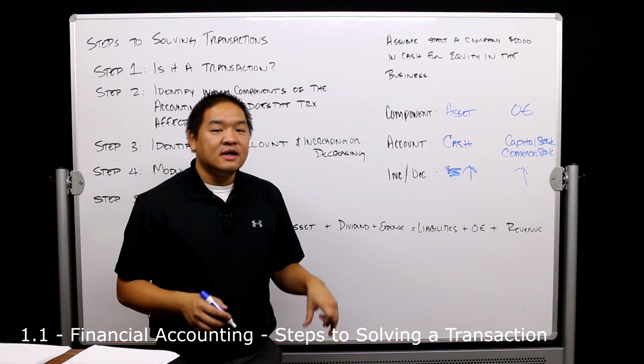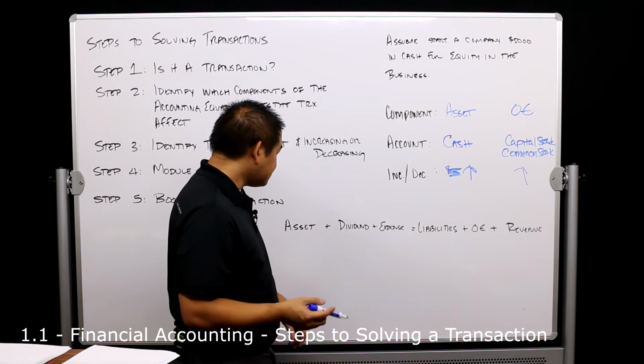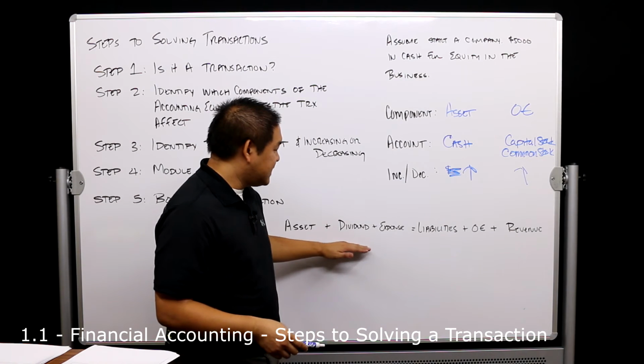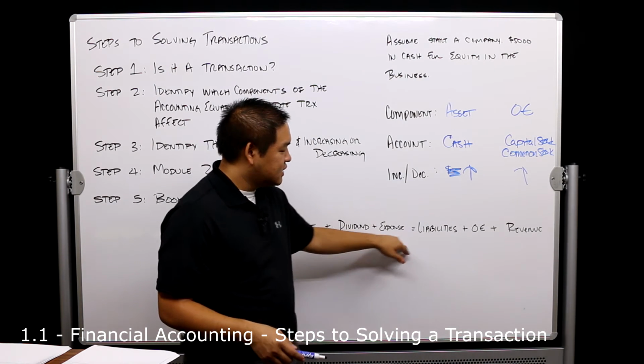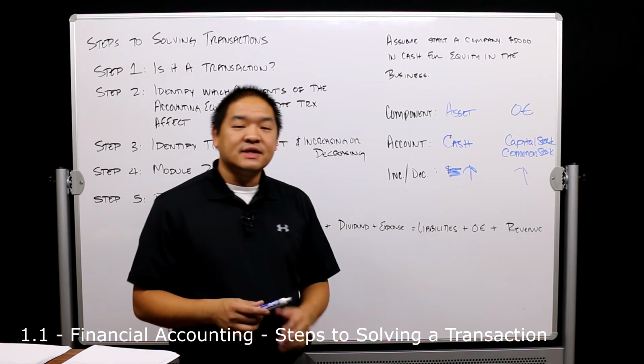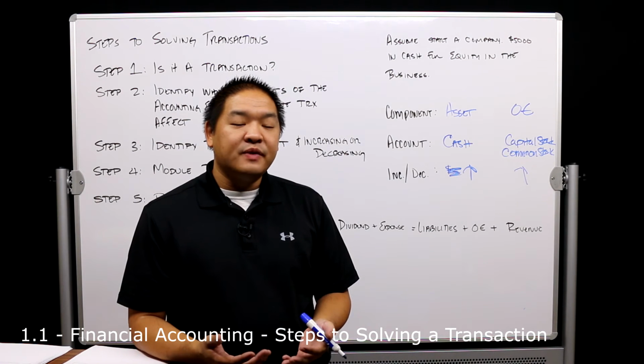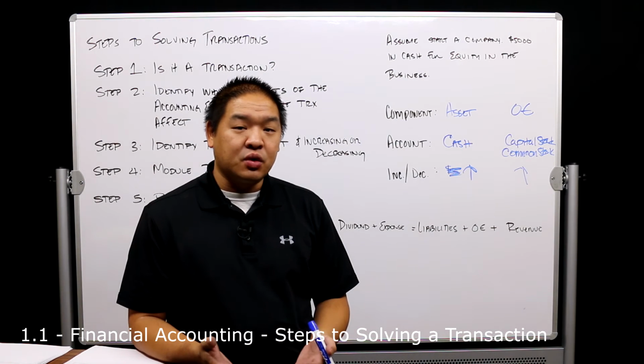Now, before I leave off the topic of why it increases, think about this. In accounting, the dividends, expenses, and sometimes owner's equity, and the revenues are what we like to call scorecards, okay? Think about a sport. If we make a touchdown, what happens to that scorecard?